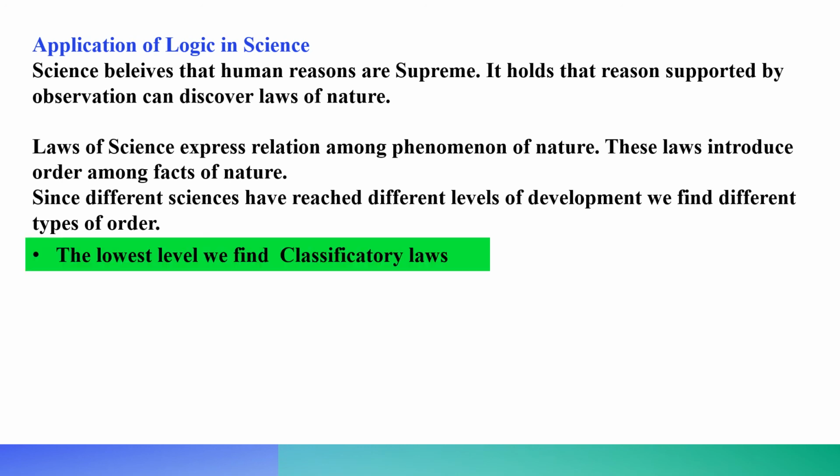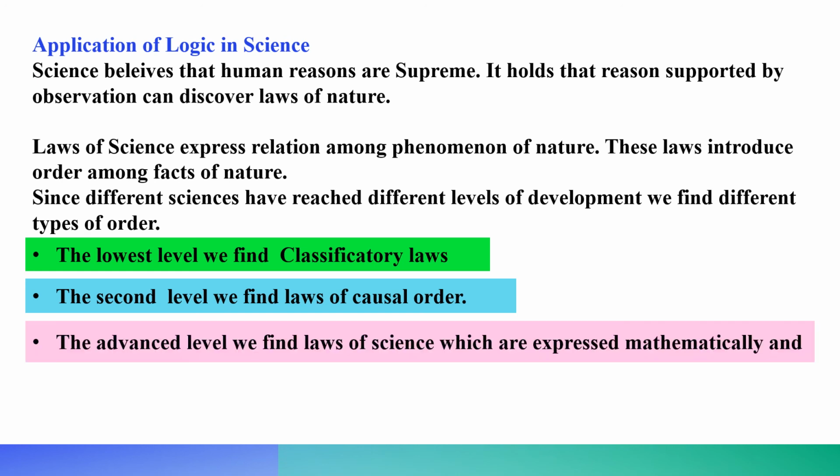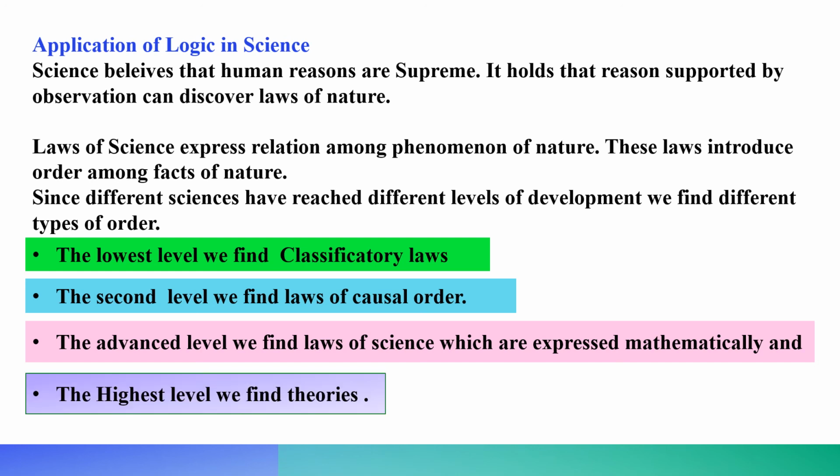At the lowest level, we find classificatory laws. At second level, we find laws of causal order. At advanced level, we find laws of science which are expressed mathematically, and at highest level, we find theories.